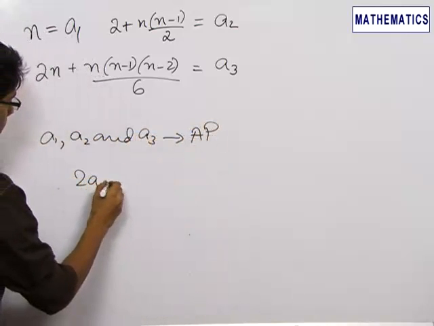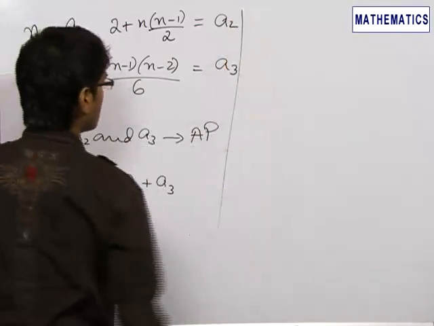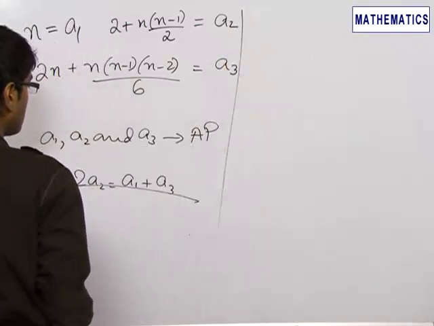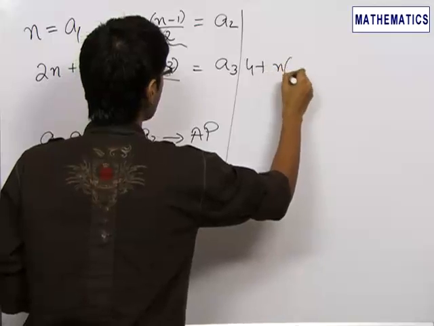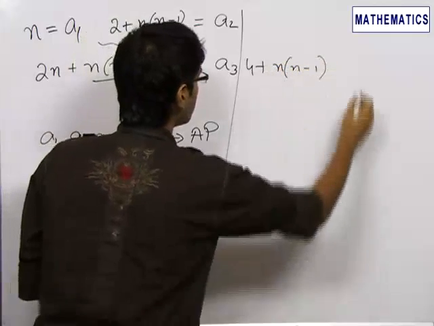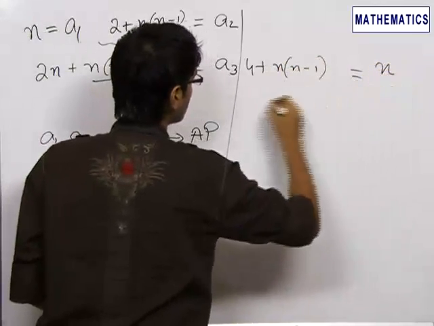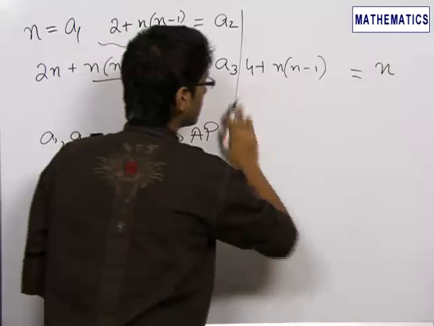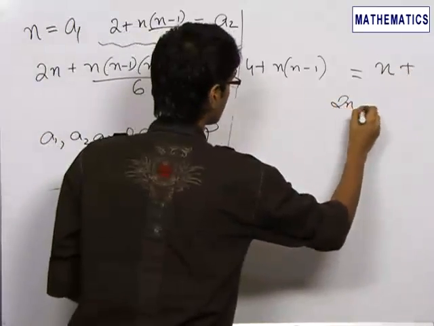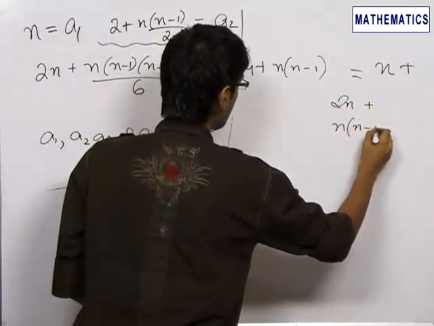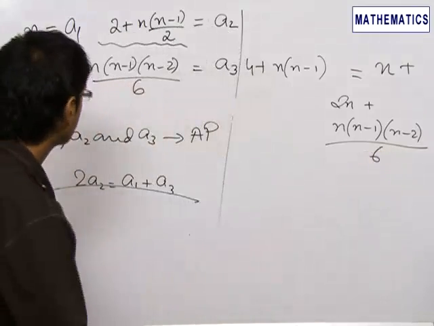So 2a2 is equal to a1 + a3. So what we get is 2a2 is 4 + n(n−1), and it is equal to a1 + a3. a1 is n, plus a3 is 2n + n(n−1)(n−2)/6.